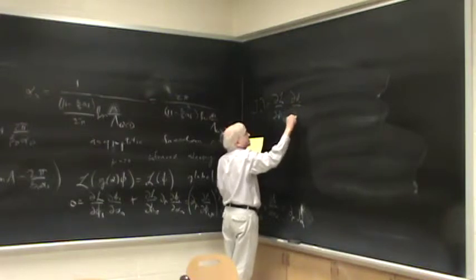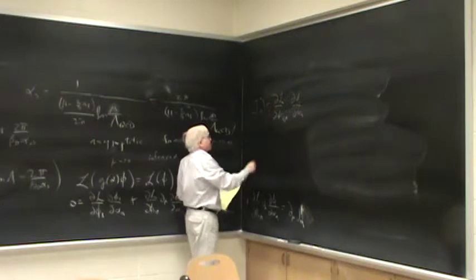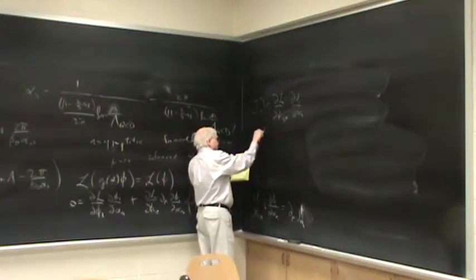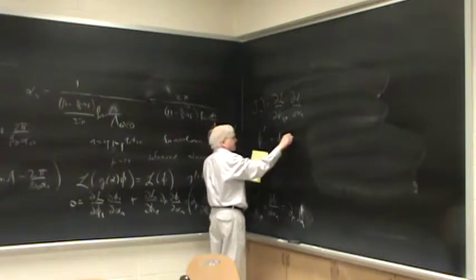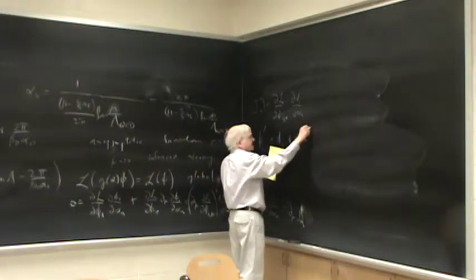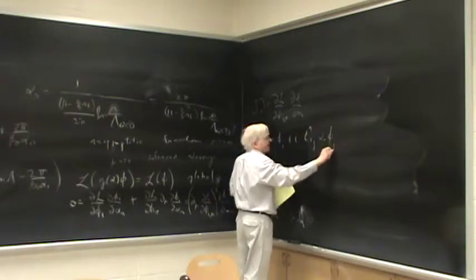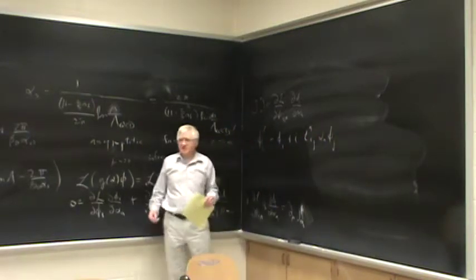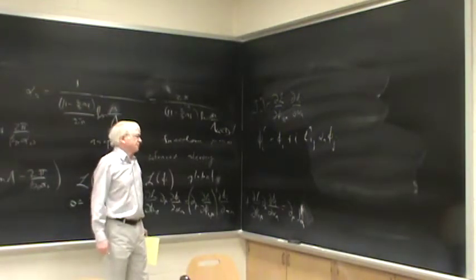And we say J mu A then is partial L, partial phi I comma mu, partial phi I, partial alpha A. And of course what we're talking about here is that phi I prime is phi I plus i TA ij alpha A phi j. So this is for small transformations.